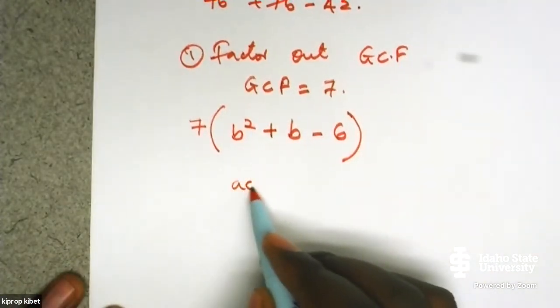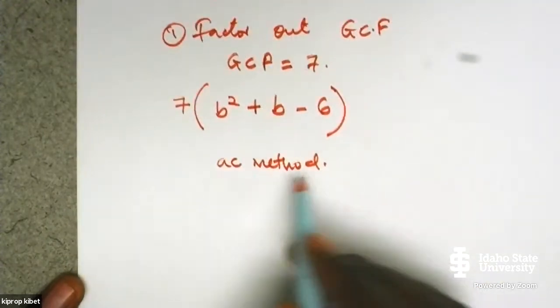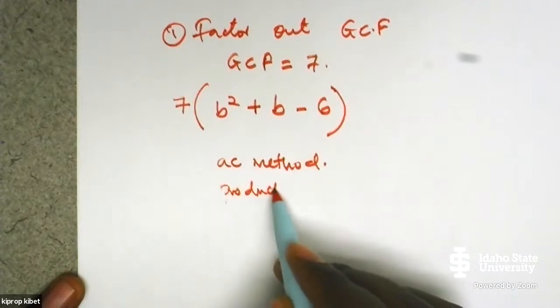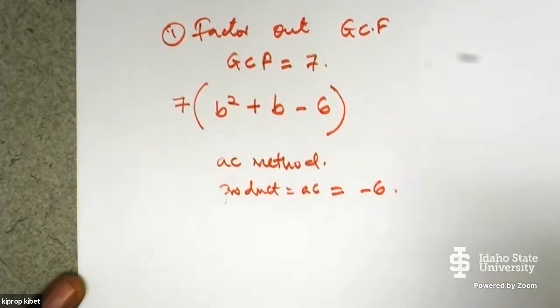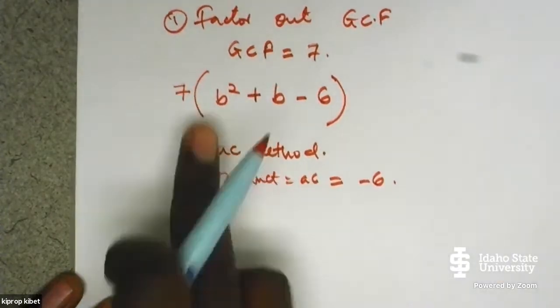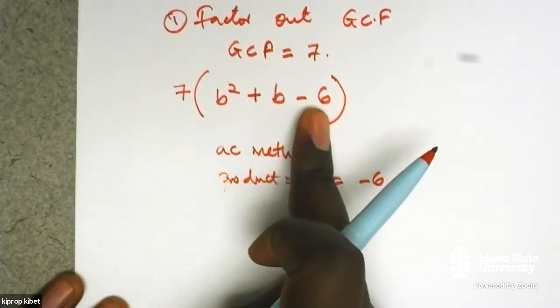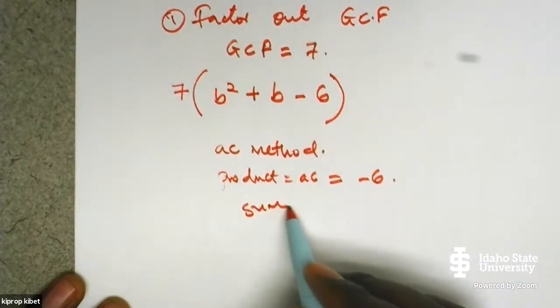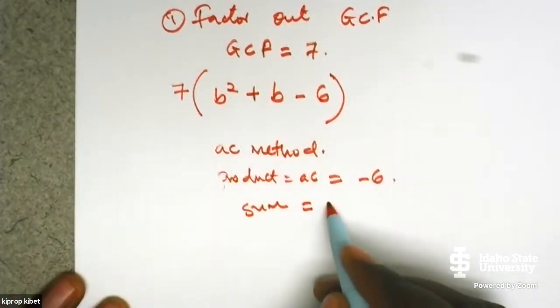For the AC method, we get 2 numbers whose product is equal to AC, and in this case, A is 1 and C is negative 6, so the product is negative 6. And our sum is 1.